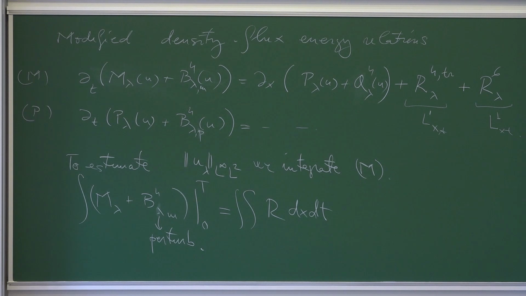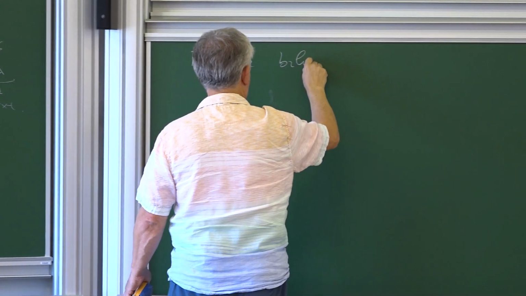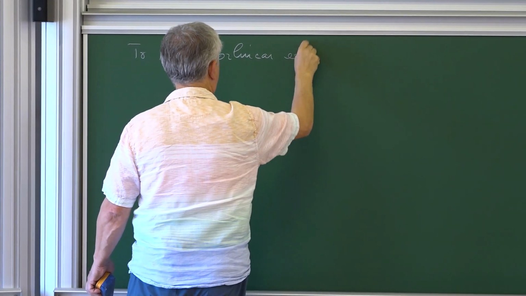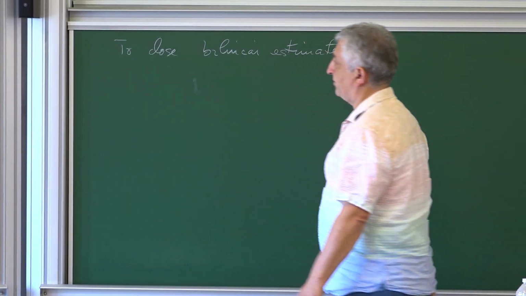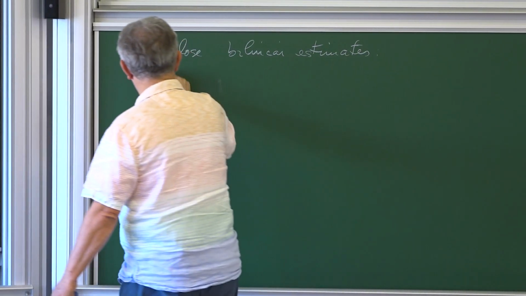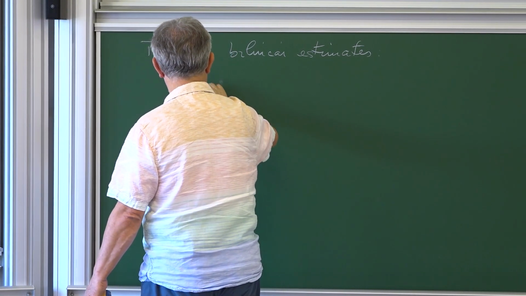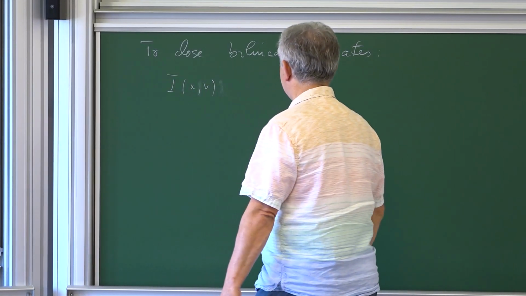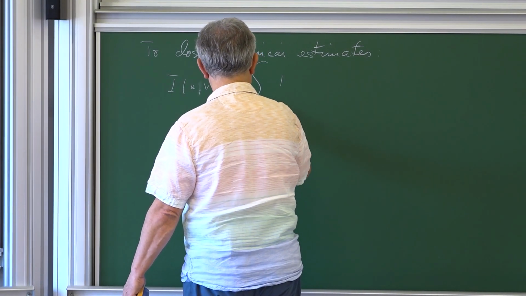And now once you have the energy estimate, you get the bilinear estimates. So to close bilinear estimates, I told you about that interaction Morawetz functional, let's say I of u, v, which was the integral where x is greater than y.